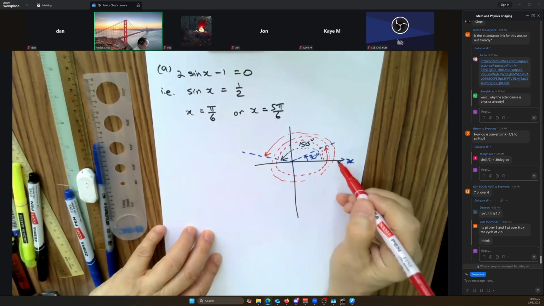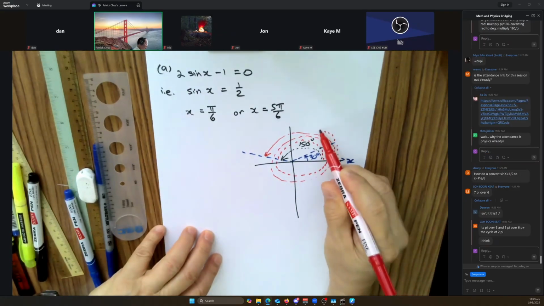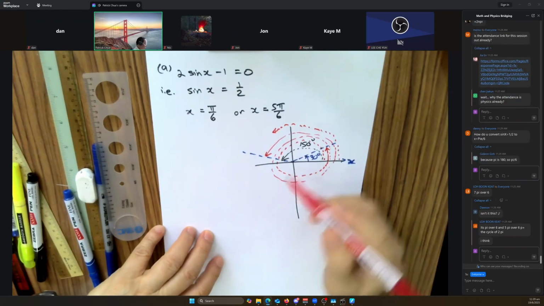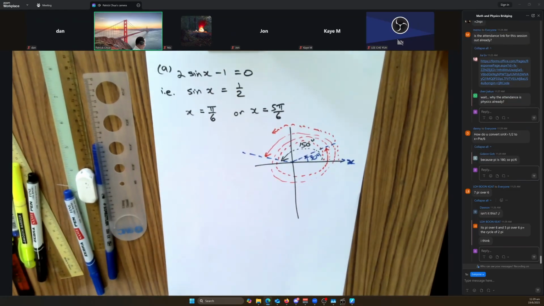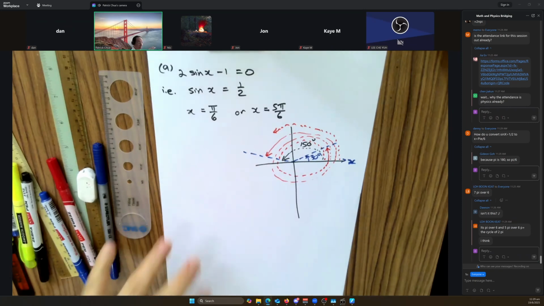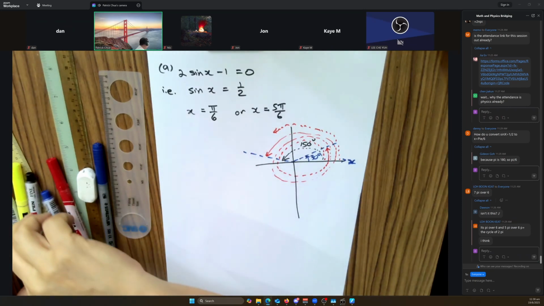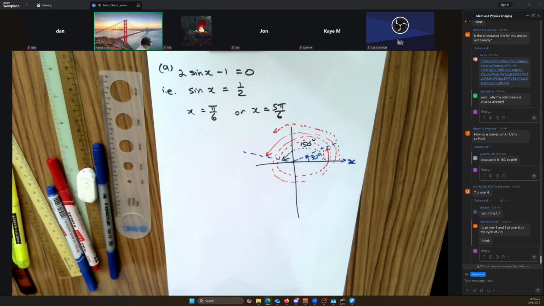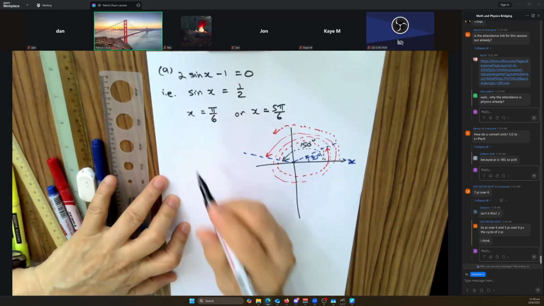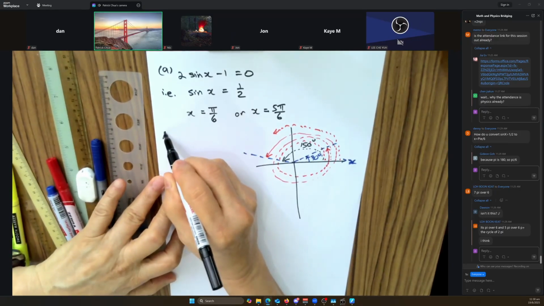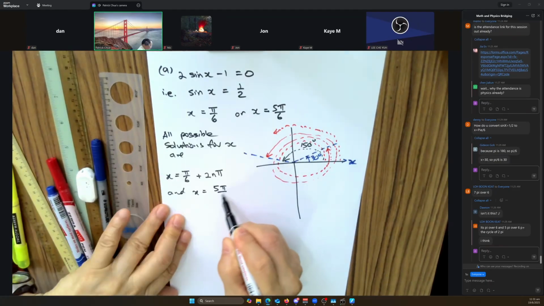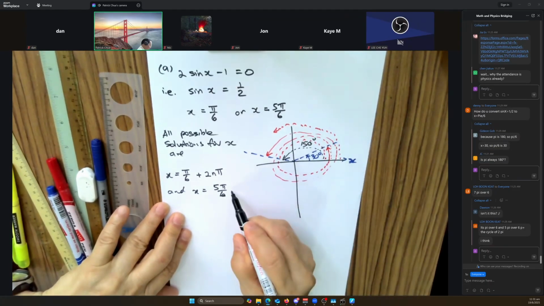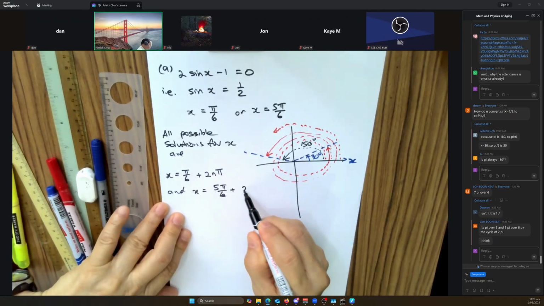You can just continue on and on. So not just two or three answers, but many answers, because it says find all solutions, meaning all possible solutions. Each time you go around, you add 2n pi.